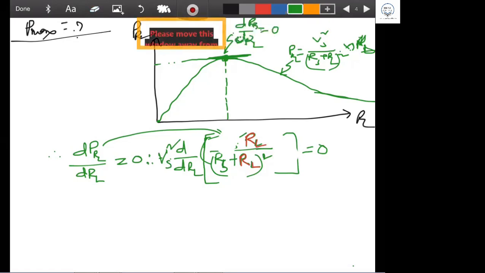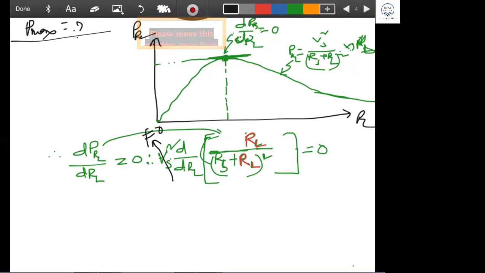Yes, sir. Good. So I have taken it out, and VS square is a constant. This constant cannot be equal to 0, so the rest of the part will be 0.